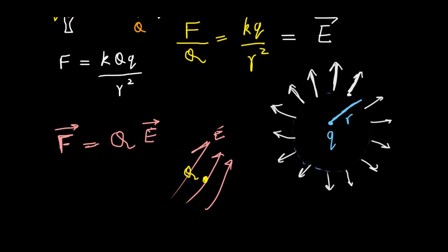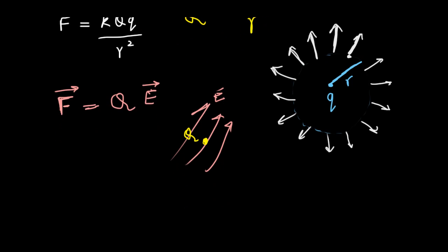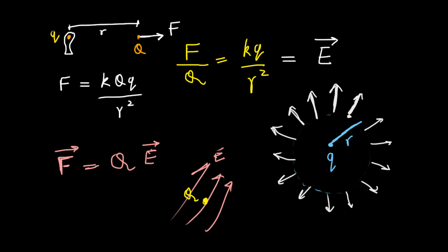In my next video I'll talk a little bit about electric potential energy, and you have to be very careful because there are two terms there: electric potential energy and electric potential. They are two very different concepts, actually not so different, as you'll see in a few videos.